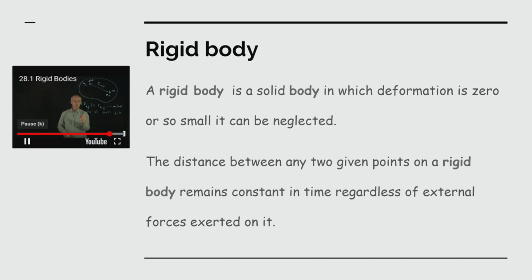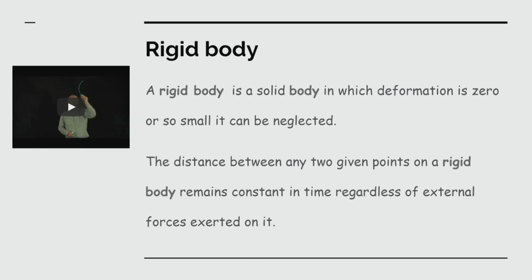So we'll rewrite this as the distance between any 2 points is fixed. So that doesn't change. And that's what we call the rigid body condition.